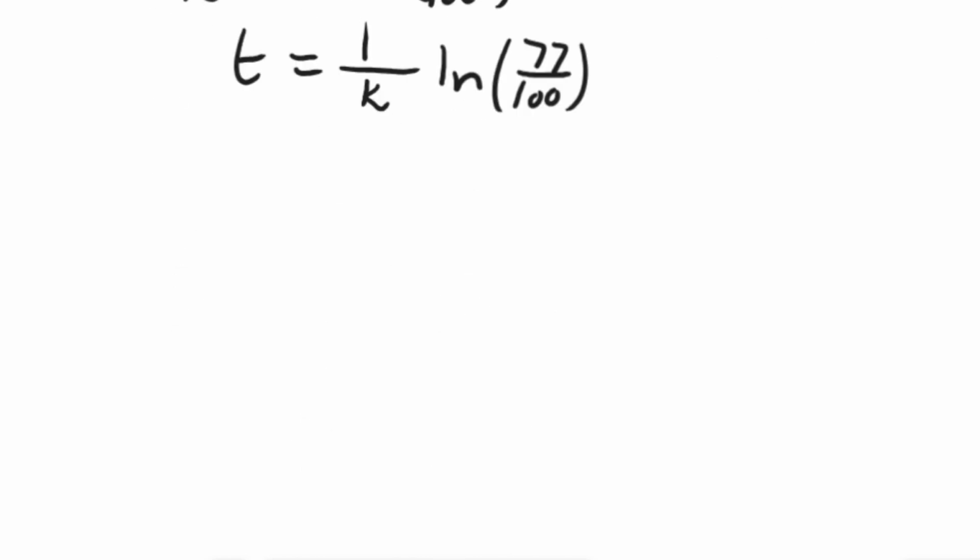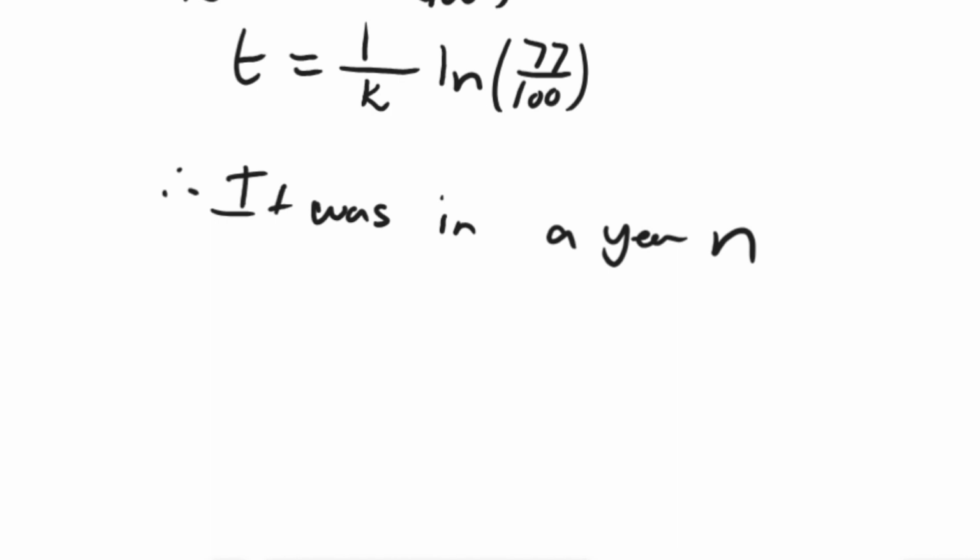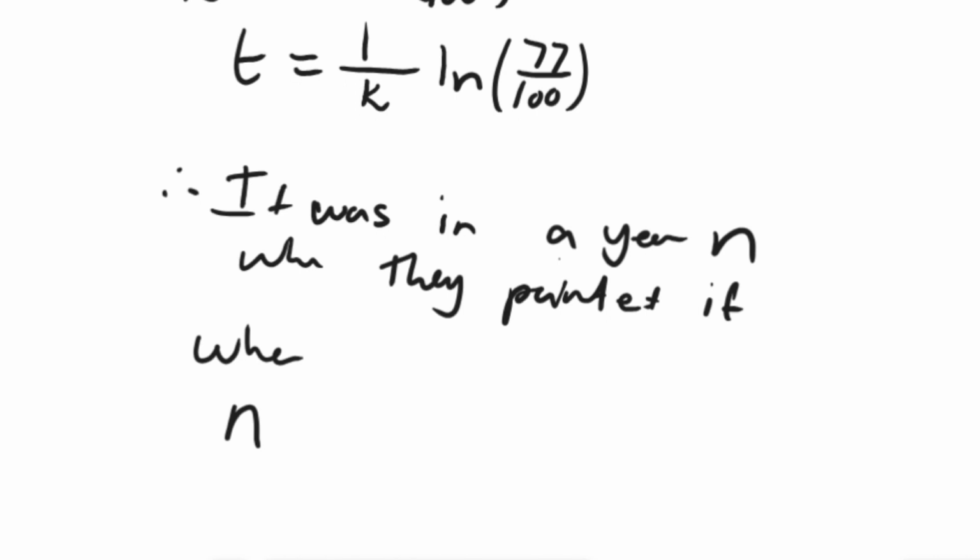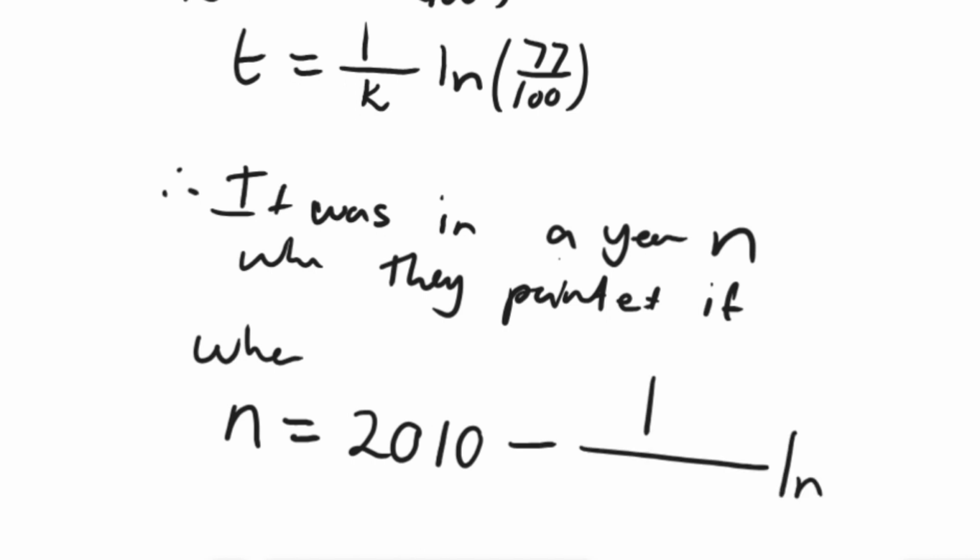And therefore your final answer, the year that you are looking for, is the year n when they painted it, or applied the carbon, whatever the story is up there, where n equals 2010, when they analyzed it, minus 1 over k ln of 77 over 100, because this is our time t in years.